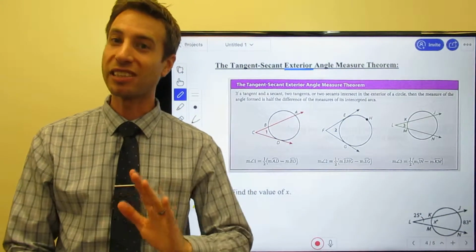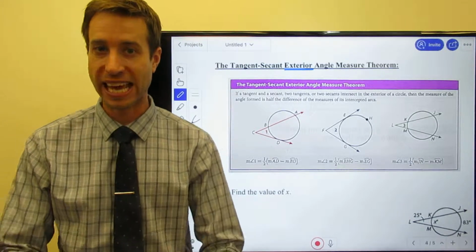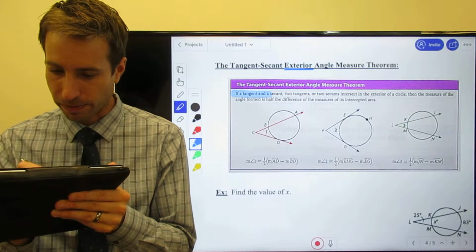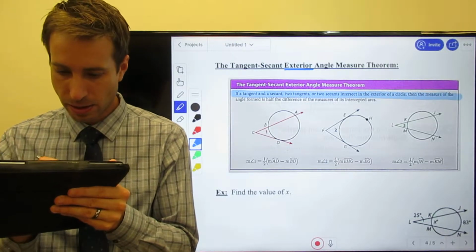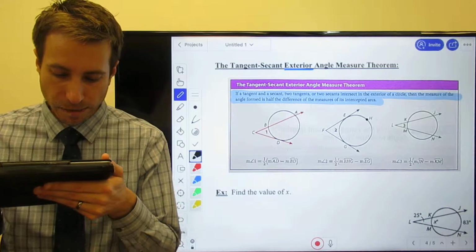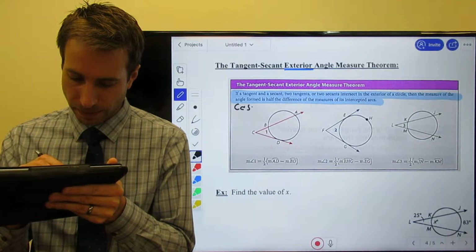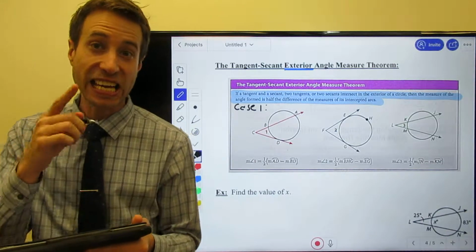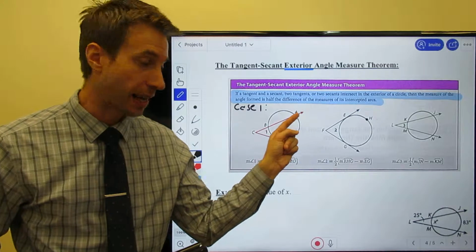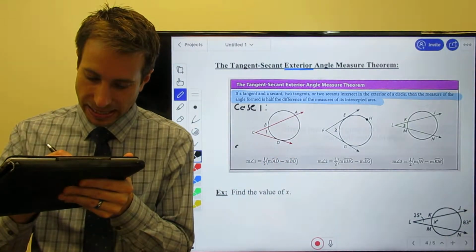Now, this one's a little bit trickier than the other ones because there are 3 different cases. So, first, the theorem. Here's the way it works. There are 3 different cases. This is going to be case 1. You have case 1 if it is a secant line and a tangent line, so this would be a secant, tangent.